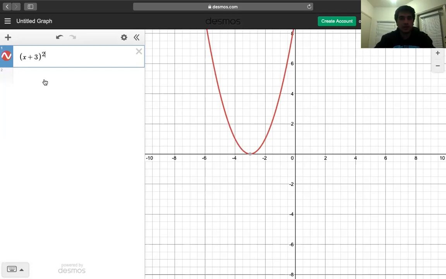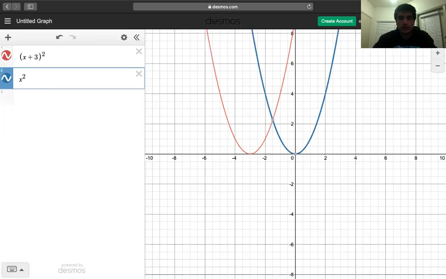Because remember, if I have x squared, that's right here in the middle, right? But when I add that +3, look what happened. It horizontally translated to the left 3 units, okay? So just like last time with vertical translation, we look at the end.